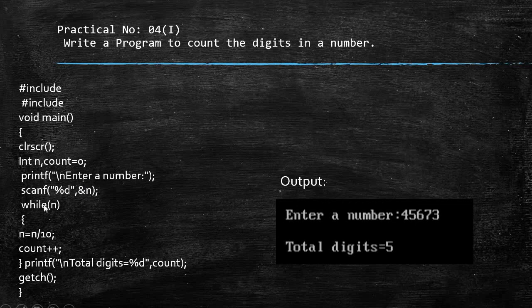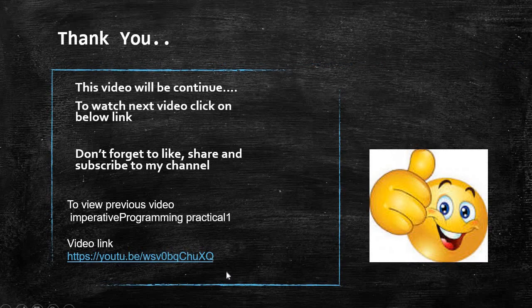Whichever number the user enters gets stored, and within the while loop that number is divided by 10. The count variable goes on incrementing, and that count is given in the printf statement. So ultimately I get my output.